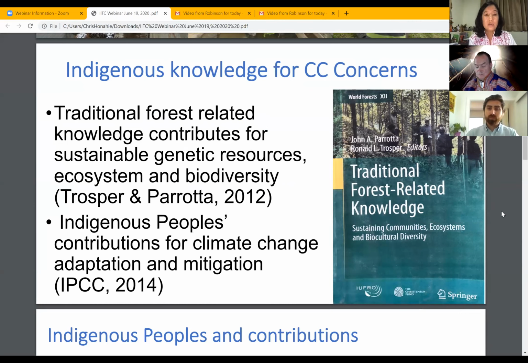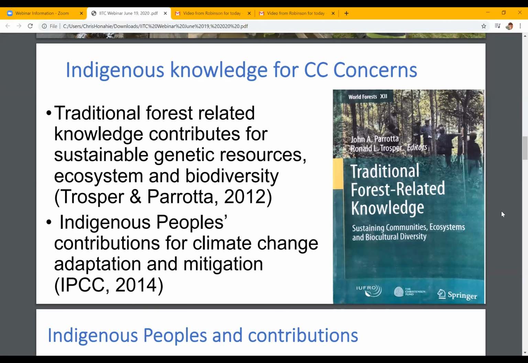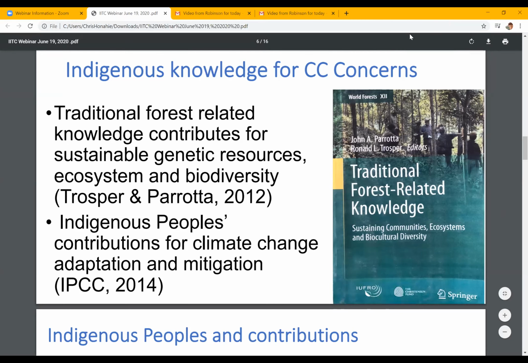There is a crucial role played by indigenous traditional knowledge and our cultural practices in sustaining the remaining resources, ecosystems, biodiversity, and also climate change adaptation and mitigation. So we all are aware.